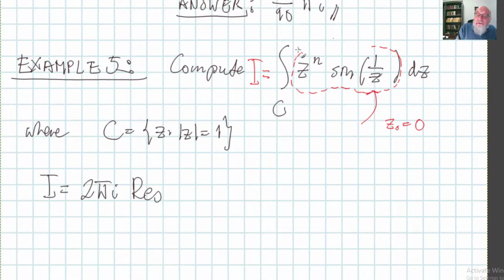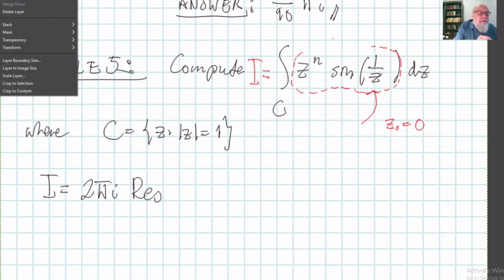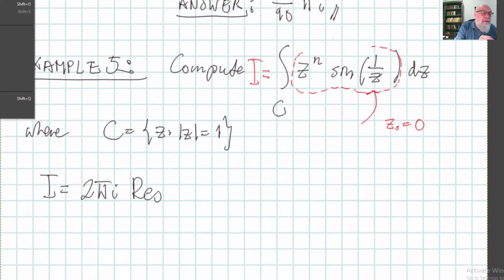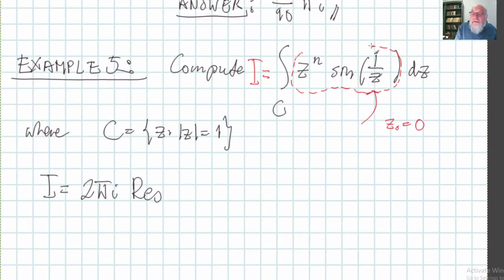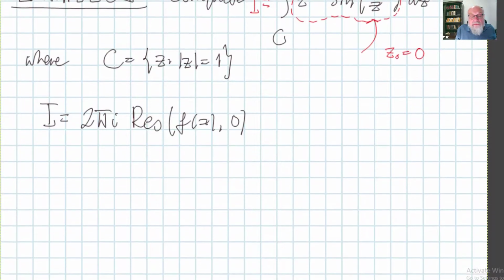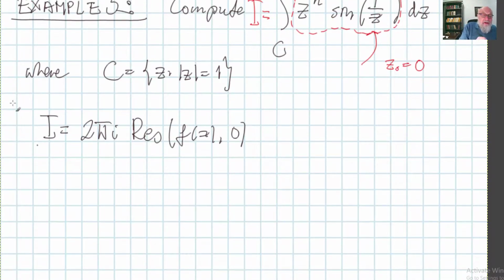Sorry, something happened. It will work now. F of z. So this will be residue, this function f of z at 0. So we need just that number.